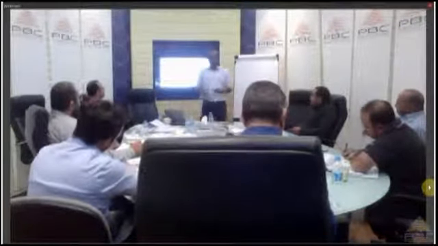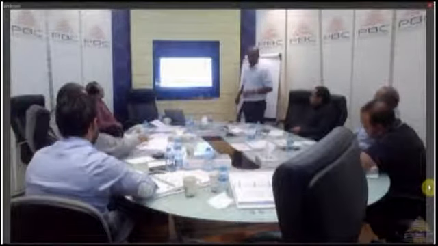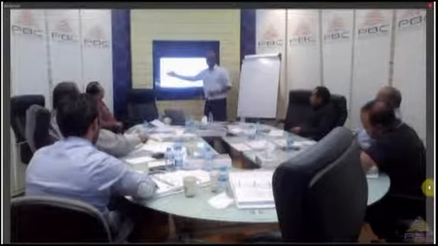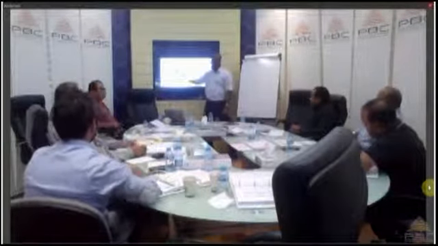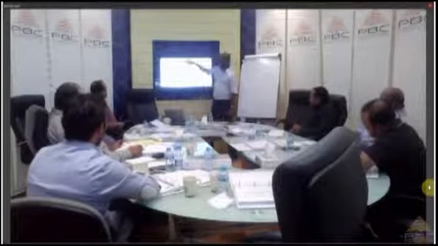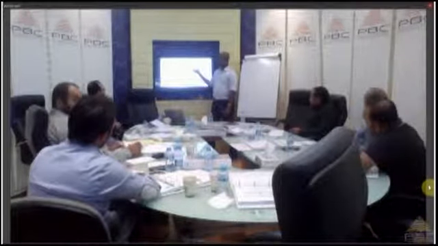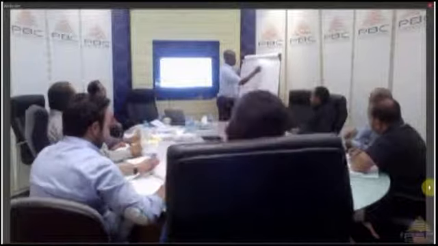Let's look into each one of these. A functional organization is the typical organization today. Most organizations are organized by functions. You have a department called marketing, a department called human resource, a department called procurement, and so on. These organizations are also known as silo organizations.